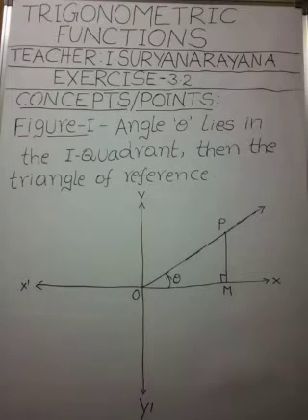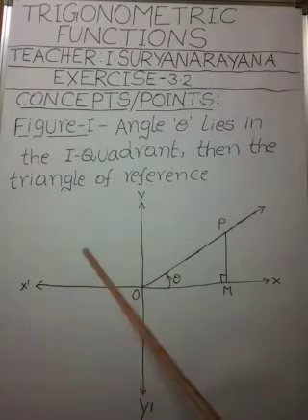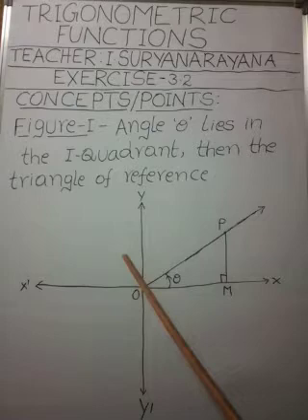Any one of the trigonometric functions' values will be given, and they will ask to find the values of the remaining trigonometric functions. Okay, my children, in that case, this diagram, this figure is very useful.